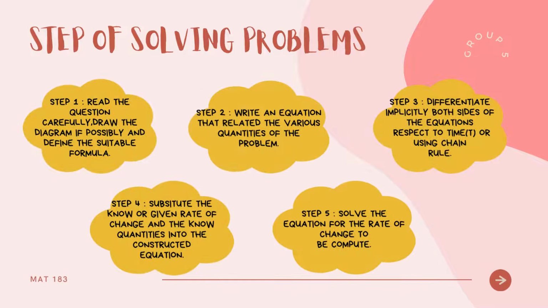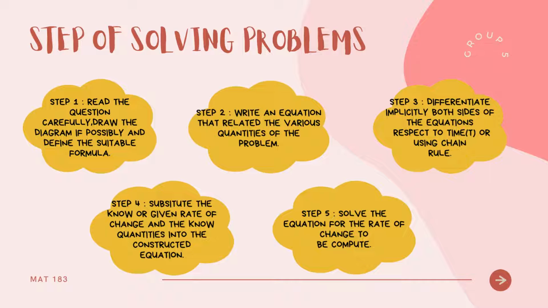Steps of solving problems. There are 5 steps of solving related rates questions. Step 1. Read the question carefully. Draw the diagram if possible and define the suitable formula. Step 2. Write an equation that relates the various quantities of the problem. Step 3.